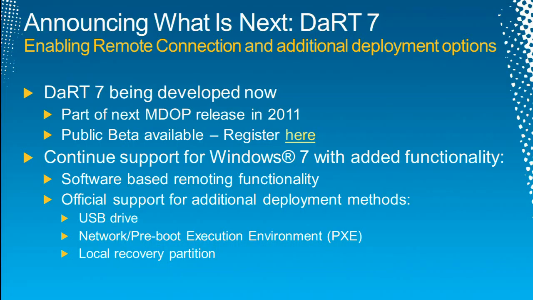I mentioned that the beta is available. You can click on that link. You all have access to the deck. It's the same website that we have all our tabs and betas, Microsoft Connect. And you're able to download the bits. You're able to send us feedback. You're able to go through a scenario document we created that basically explains the end-to-end remote scenario, what we would like you to test.